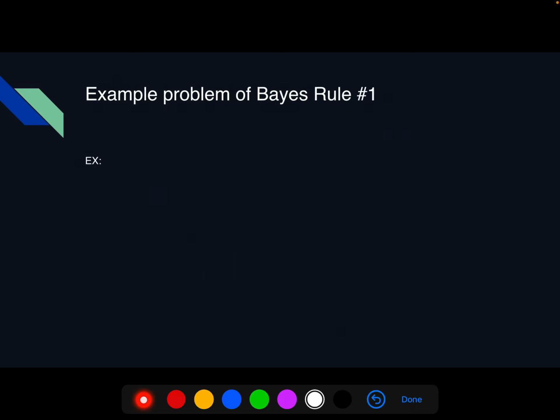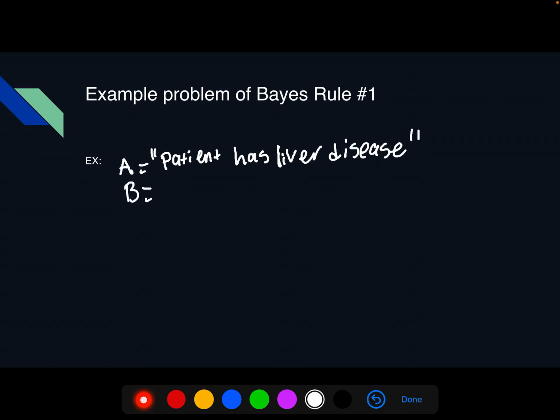An example that we have would be, so let's say event A is that the patient has liver disease, and B could mean that the patient is an alcoholic.